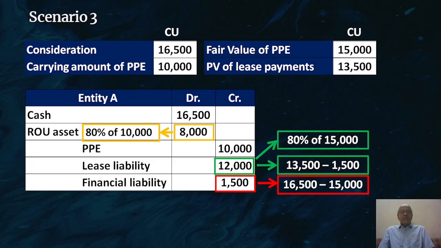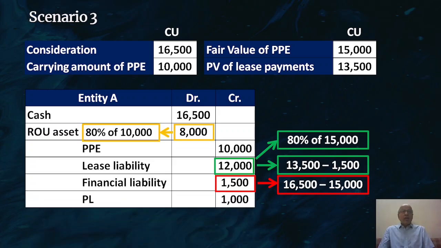Now the balancing figure is the gain on rights transferred, that is 1,000 rupees. How do we get it?